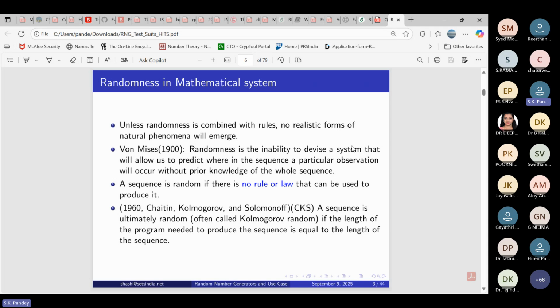But the meaning of the rules and law lies in the logic from which you are able to generate one sequence. So the question is how to build a logic to generate a sequence. And the next question is how to build a logic to say that this sequence has no logic or no rule. So both of these things are, that's why I'm calling it a cyclic situation, and based on that the meaning of randomness has been defined.